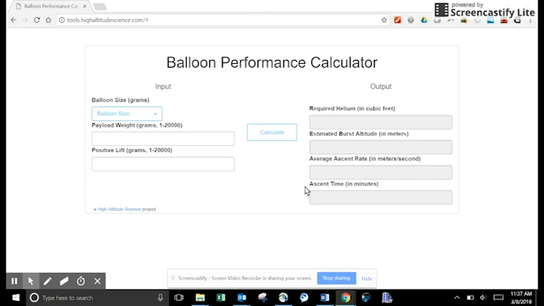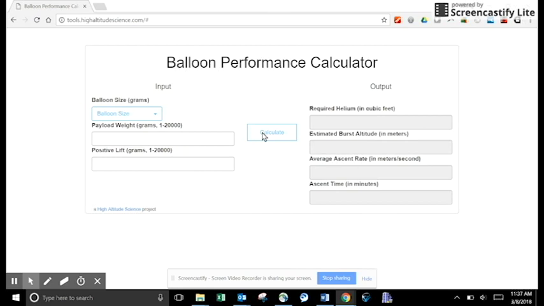Even though there are a ton of variables, notice there's an input and an output. So we're going to put in particular variables here: balloon size, payload weight, positive lift. We're going to press this calculate button, and the output will be the required helium in our balloon, the estimated burst altitude, the average ascent rate, so how fast you're going to have to move your neck back to look at the balloon as it goes into space, and finally the ascent time in minutes.